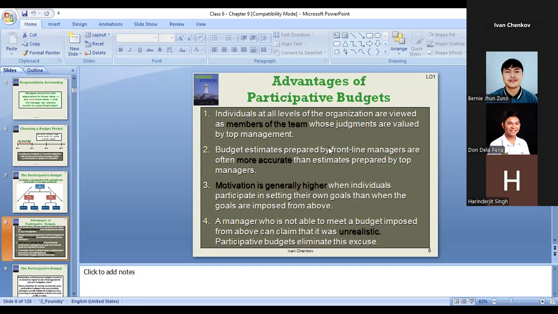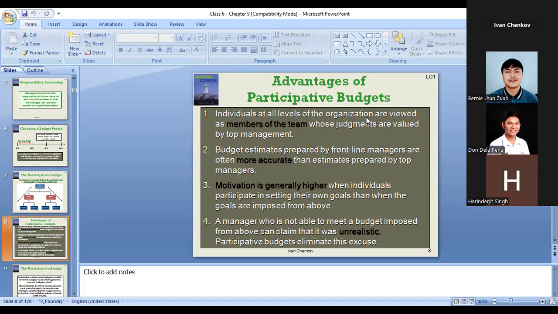Second, the budget estimates prepared by the frontline managers are more accurate. Why? Because they're the ones who actually know what they need in order to achieve the goals and objectives.